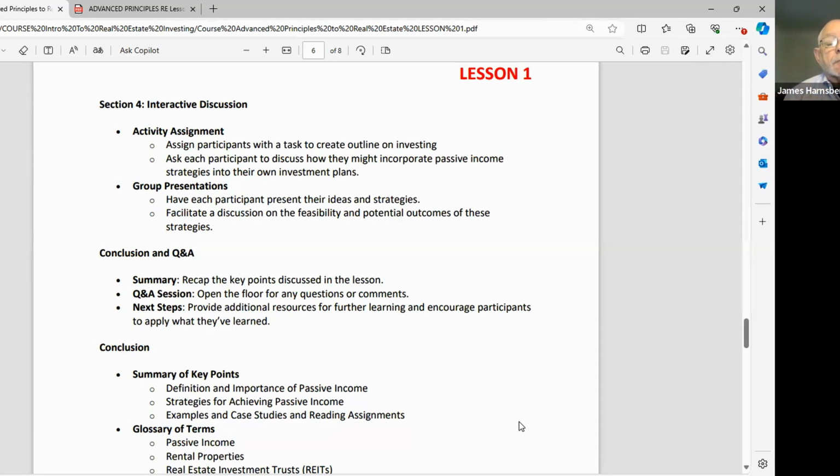How would you incorporate passive income strategies into your own investment strategies? Is there room in your financial life where passive real estate investing makes sense? Right now, for Susan and I, it's not on the horizon. For the next 3 to 5 years, we're still very much in the accumulation and building stage. We've got 2 more objectives. We're going to buy 2 more properties that are going to be 8 to 10 units each.